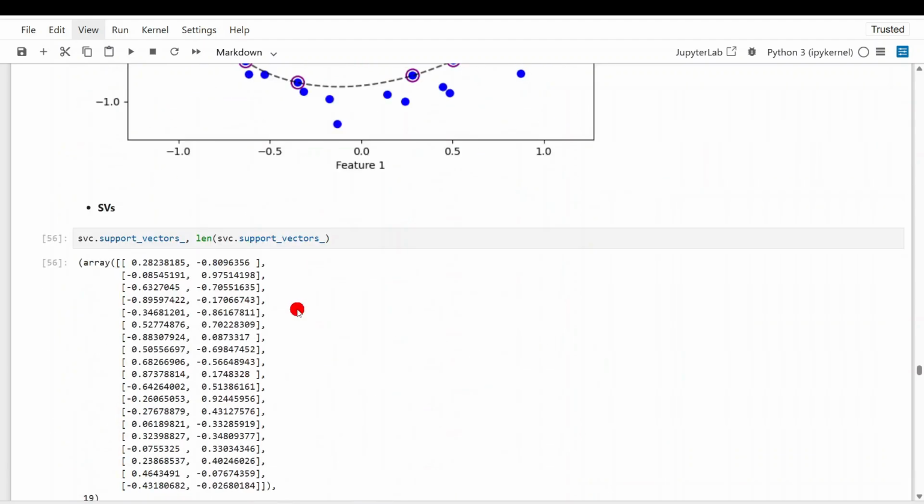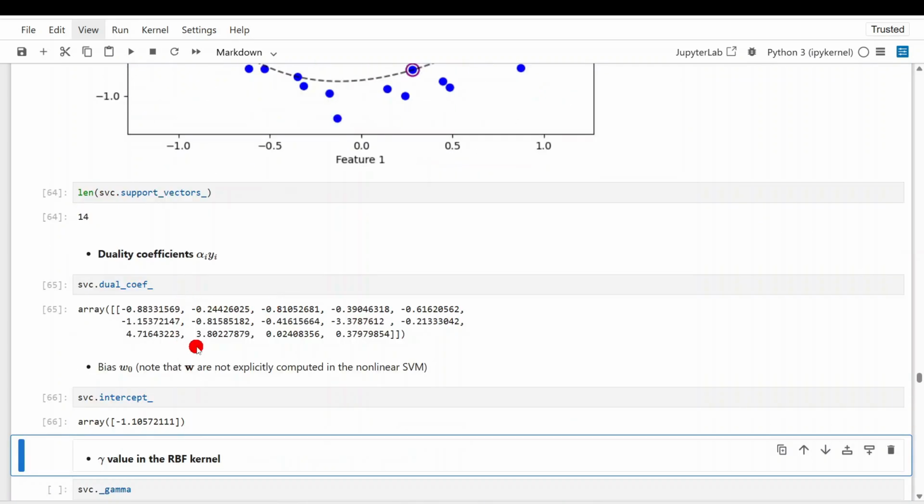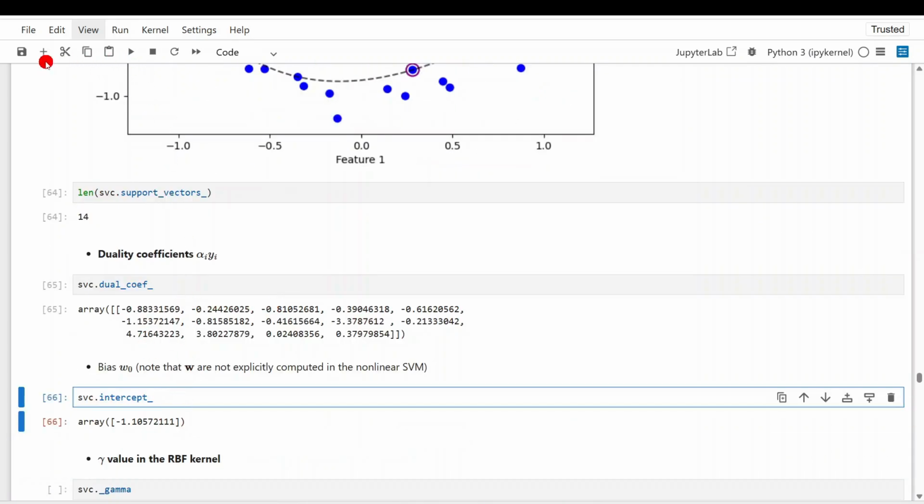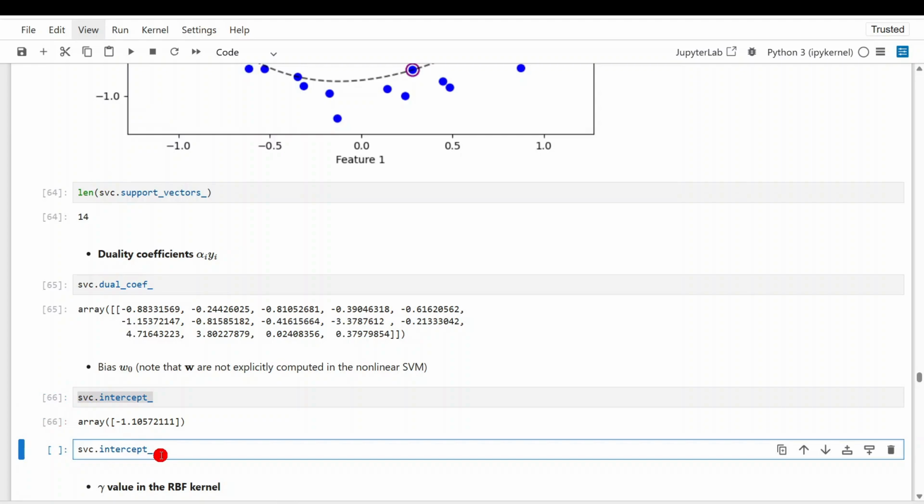In the case of a linear support vector and a logistic regression model, we call the attribute coef_, but here we do not have any coefficients or weights associated with the covariates because it is truly a nonlinear function like the one that we have defined.